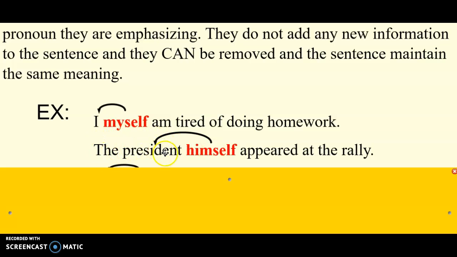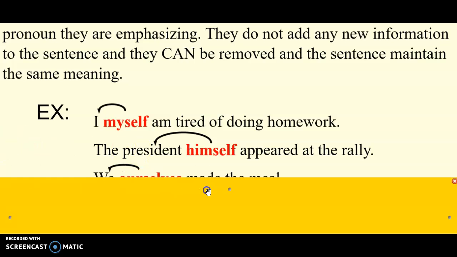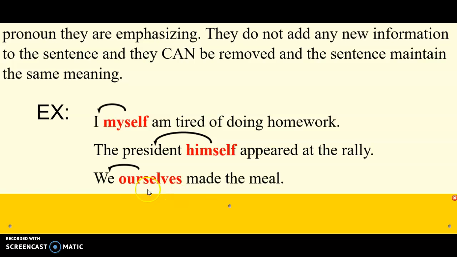I could say the president appeared at the rally, right? I can add the word himself, okay? And that's really just to intensify or emphasize the fact that he actually came, okay? Not necessary, doesn't add any new information for me, but it does sort of emphasize that he showed up personally to this rally.